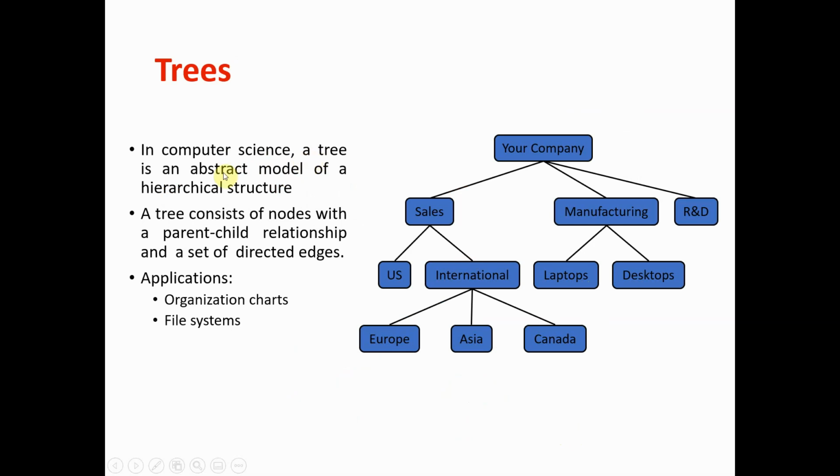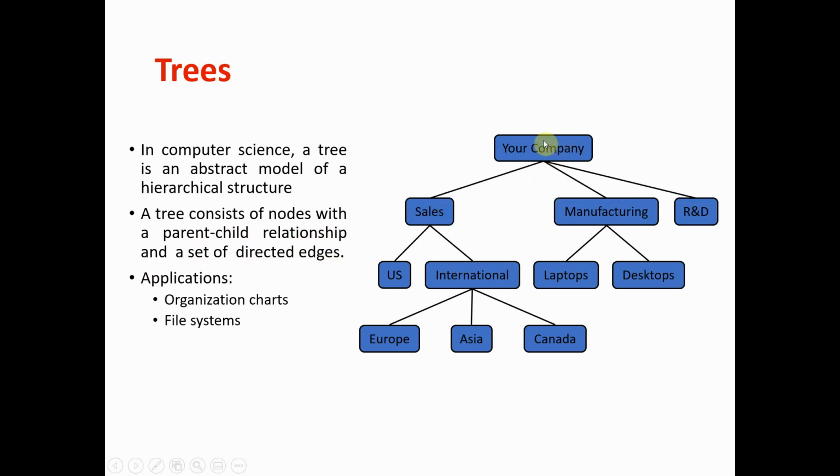In computer science, a tree is an abstract model for a hierarchical structure. It can be, for example, a family tree, a taxonomy, or an organizational chart. It consists of nodes with a parent-child relationship and a set of directed edges.